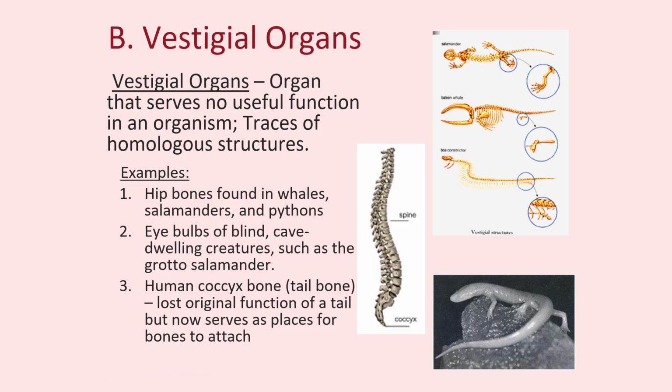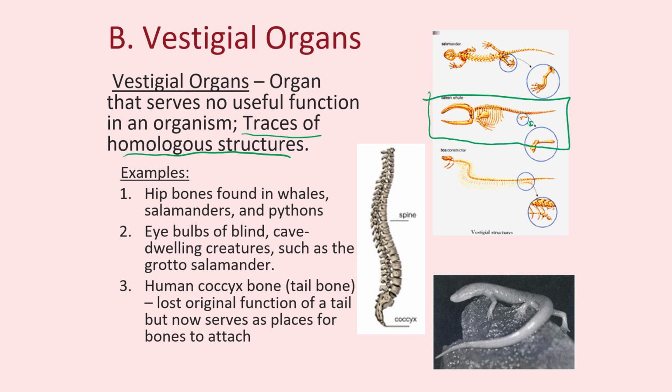Diving into vestigial organs, these are organs that no longer serve a function in an organism. So these are traces of homologous structures, okay? Remnants of homologous structures. So here are some examples. Hip bones found in whales, okay? So again, boom, no function there, y'all.